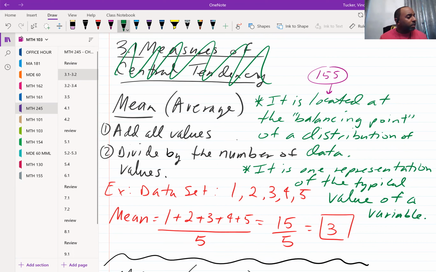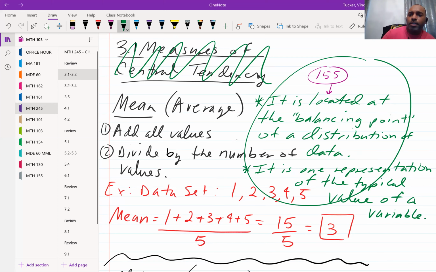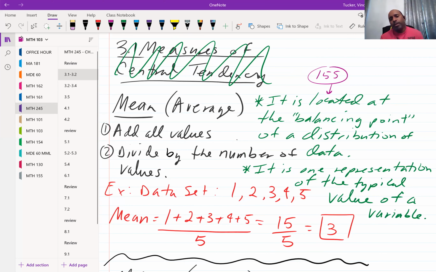The mean in statistics is another word for average. The way we calculate the average is we add up all the data values and divide by the number of data values. Over here in the green is a statement that's in your book. You do want to make sure you have that because my math lab will ask you different things like that, so I try to point out sentences that my math lab emphasized in the homework.